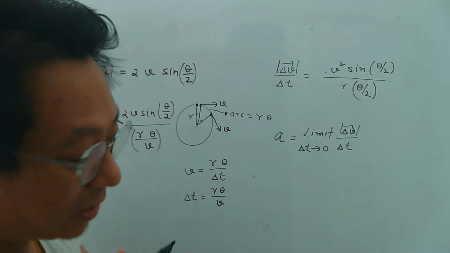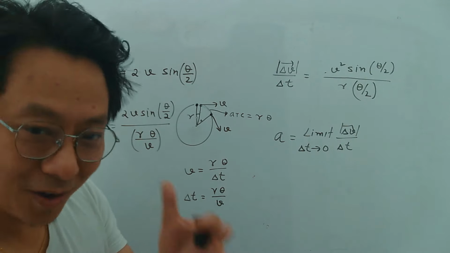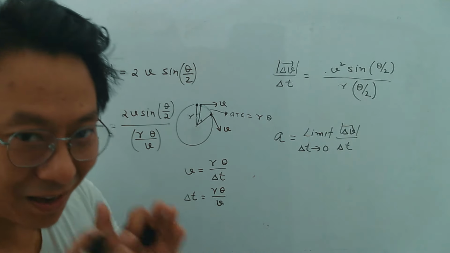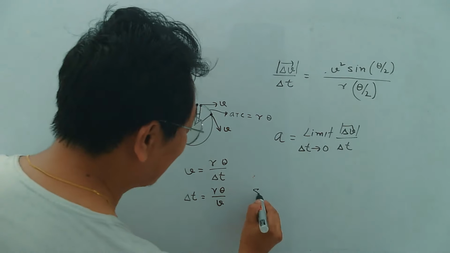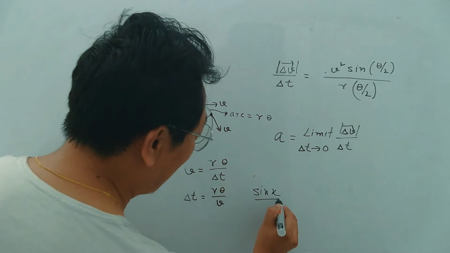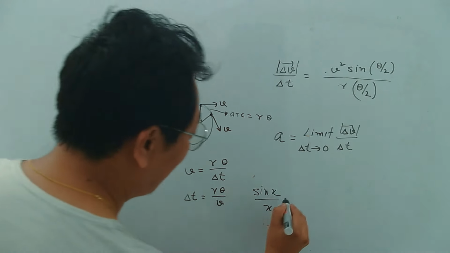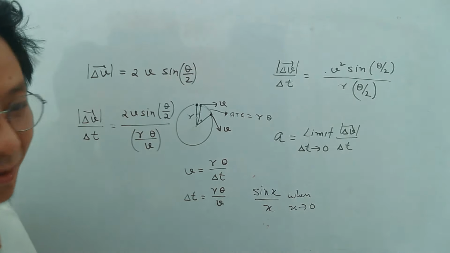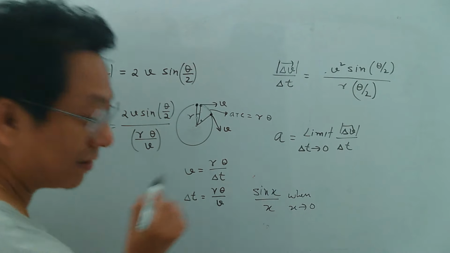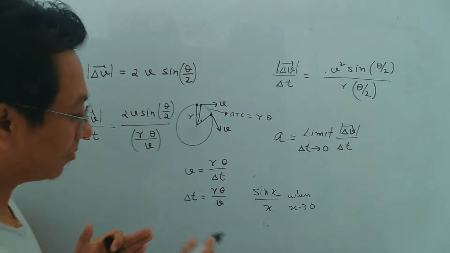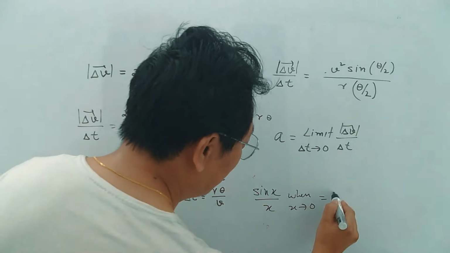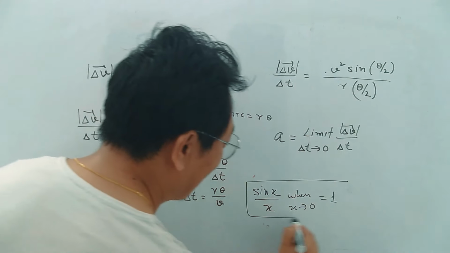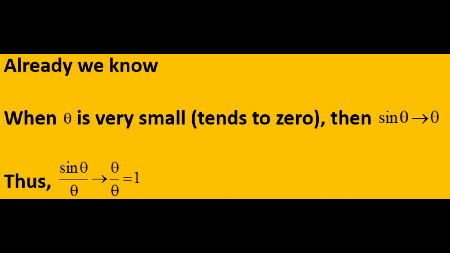And you know from mathematics, and if you don't know, don't worry, you will come to know in class 11 mathematics, that sine x by x, when x tends to 0, when that angle becomes very small, this ratio becomes 1. Okay, ask your mathematics teachers.